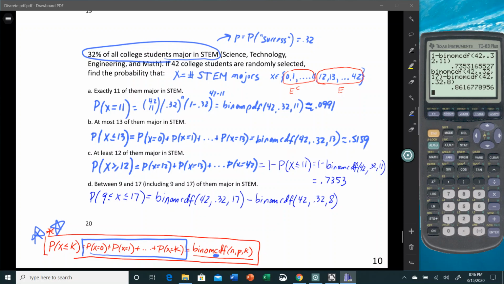If I round to the 4th digit, it would be 0.8617, because the 5th digit is bigger than 5, so we have to round up. So this would be approximately 0.8617.